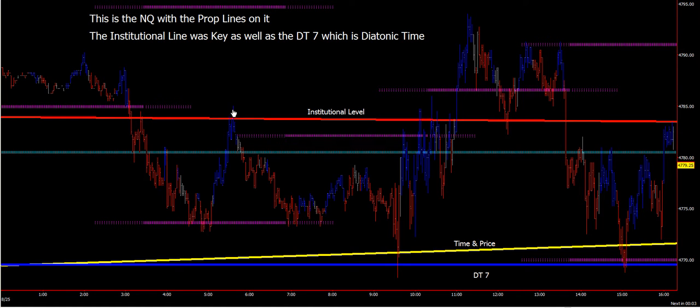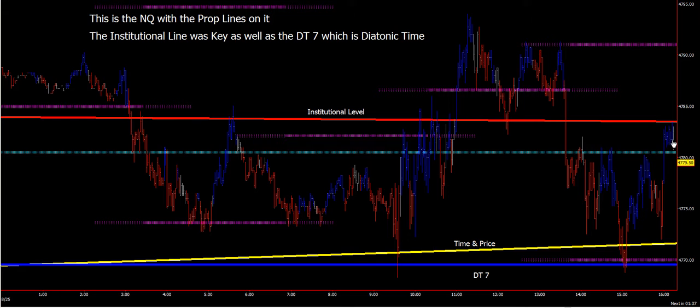A top there, a top there. You hit it, you backed off, you hit it, you backed off, you hit it, you backed off. You finally went through, you came back down, you tested it again. I mean, that's huge. And then near the close, we come back up to that institutional line where we can expect institutions to be on their game and ready to rock and roll.